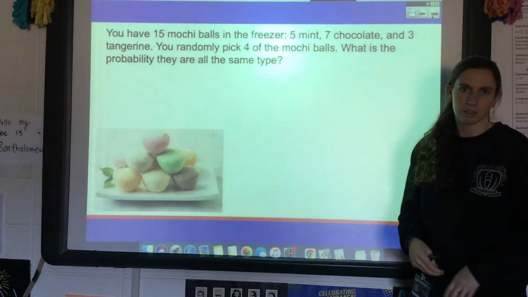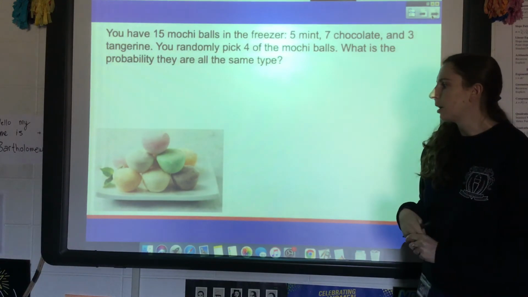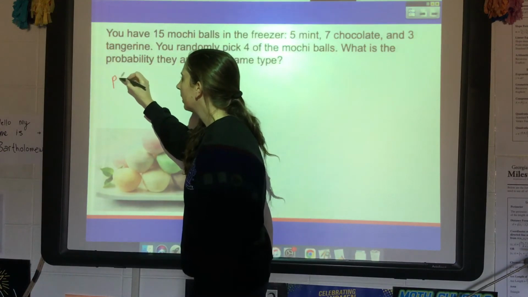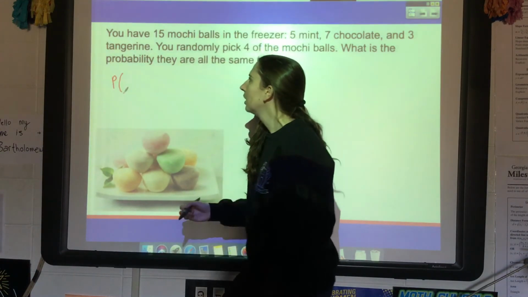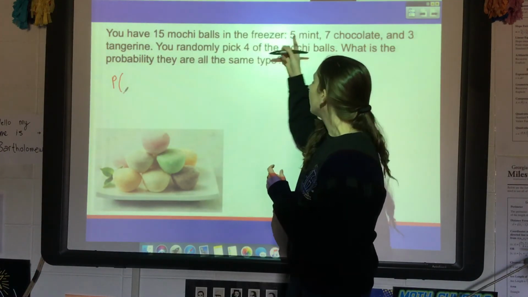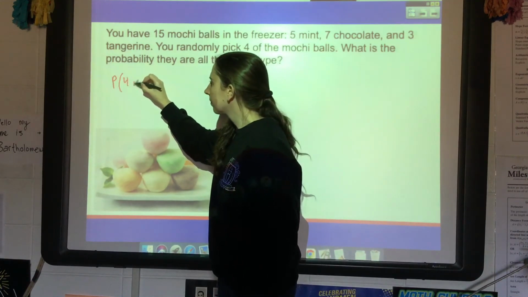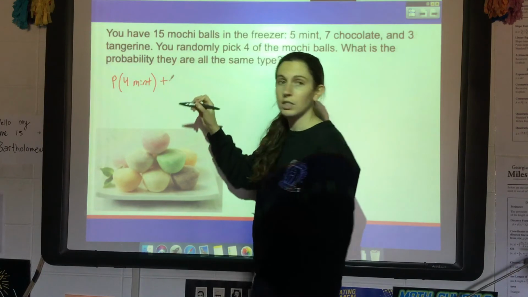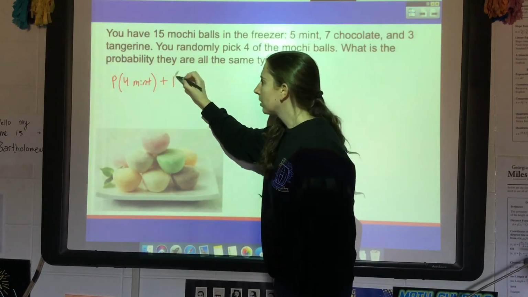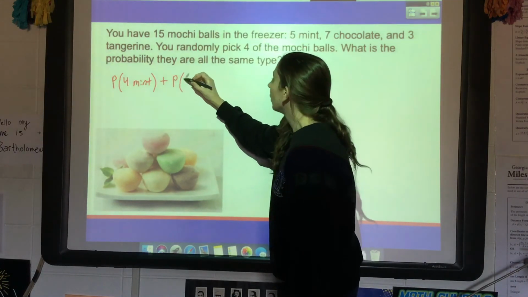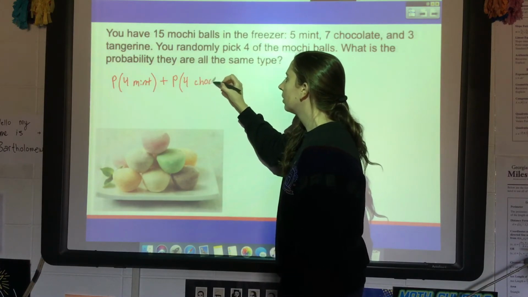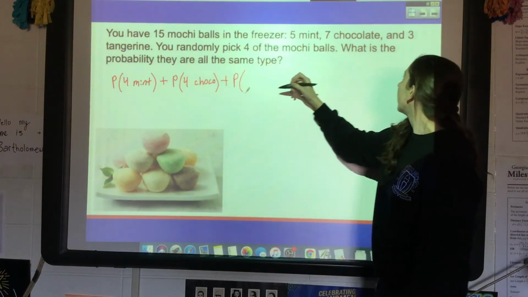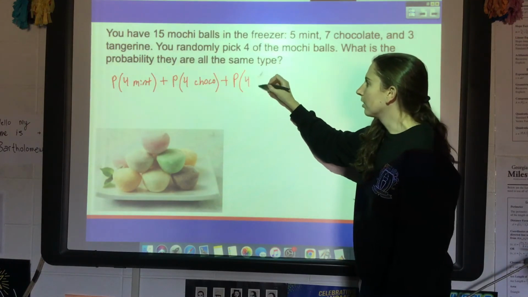All the same sounds easy enough, but what this is basically saying is, what's the probability that you pick 4 mints in a row? Or, and since it's an or we're going to add, what's the probability that you get 4 chocolate in a row? Or, what's the probability that you get 4 tangerine in a row?